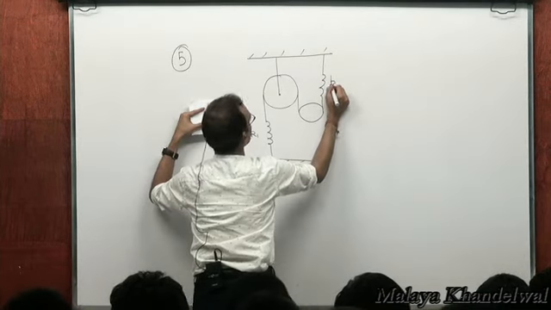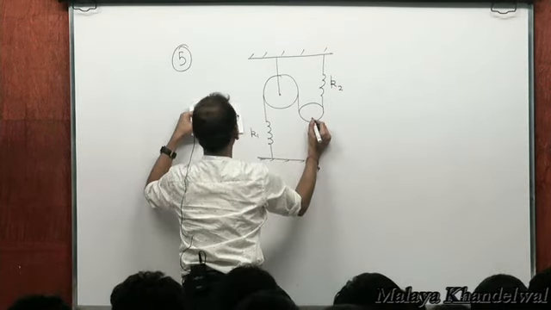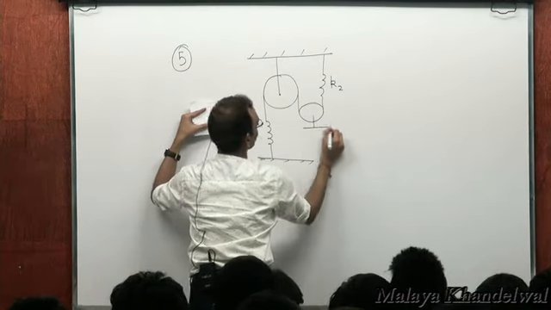There are two springs of force constant K1, K2 joined somewhere; it does not matter where they are joined.